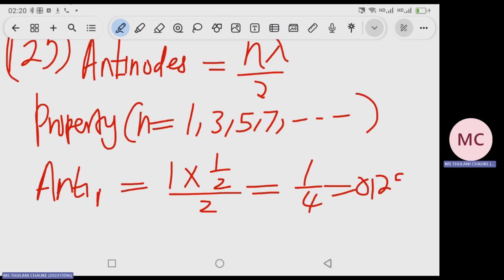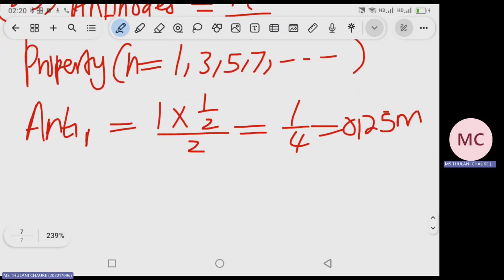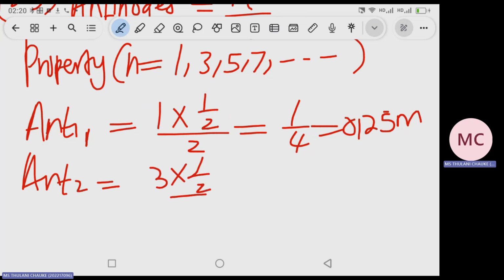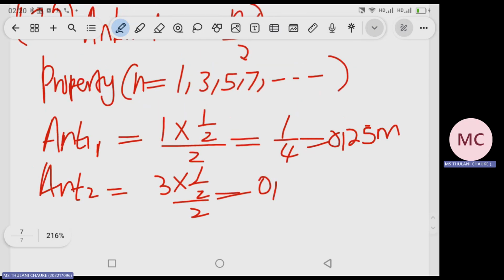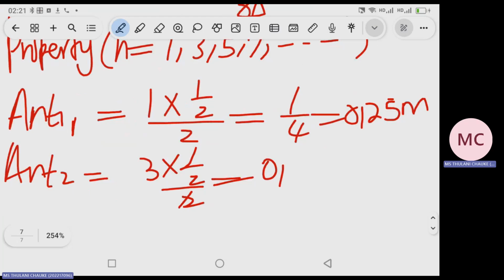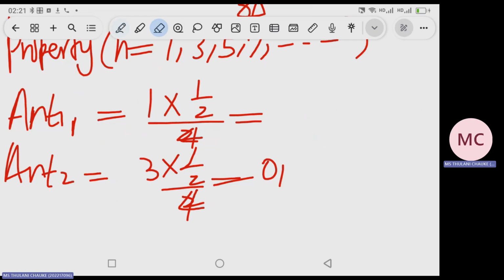Then antinode 2 will be 3 times 1 over 2 over 4. This one we're dividing by 4; only dividing by 2 is for the nodes. So 1 over 2 divided by 4. Yeah, you'll get 0.125 for this one. Made a mistake there. It will be 1 over 8, which is 0.125 meters.